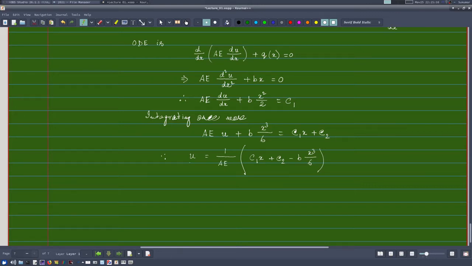Now at x equal to 0, u is 0 from the first boundary condition. So if I put x equal to 0 here, this term will vanish, this term will also vanish, and the left hand side is 0, so therefore C2 must be 0. So u0 is 0, that implies C2 is 0. Okay.